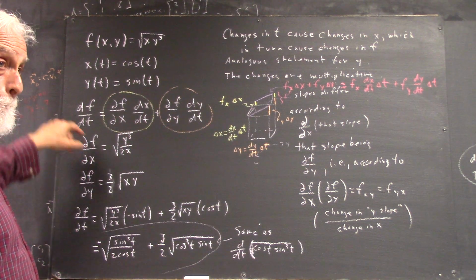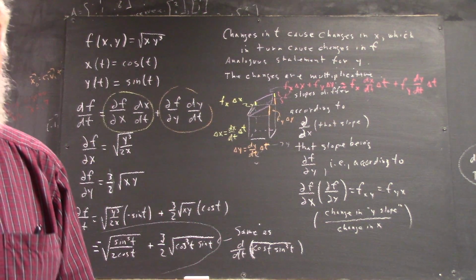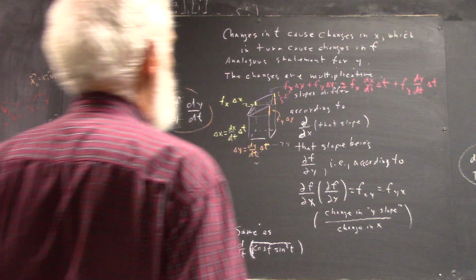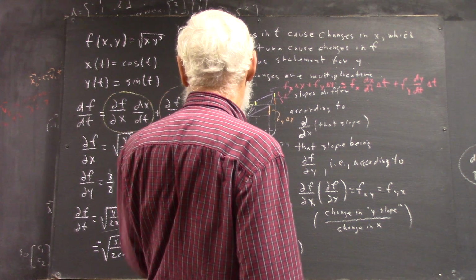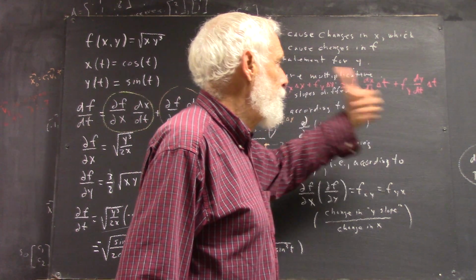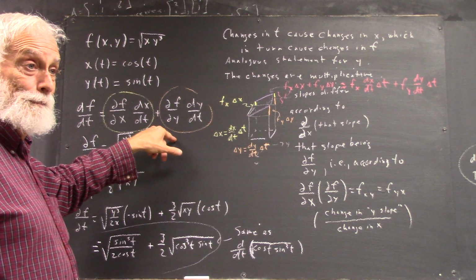Then in the limit, this expression gives you this expression. Okay? This expression divided by delta t approaches this expression, right?